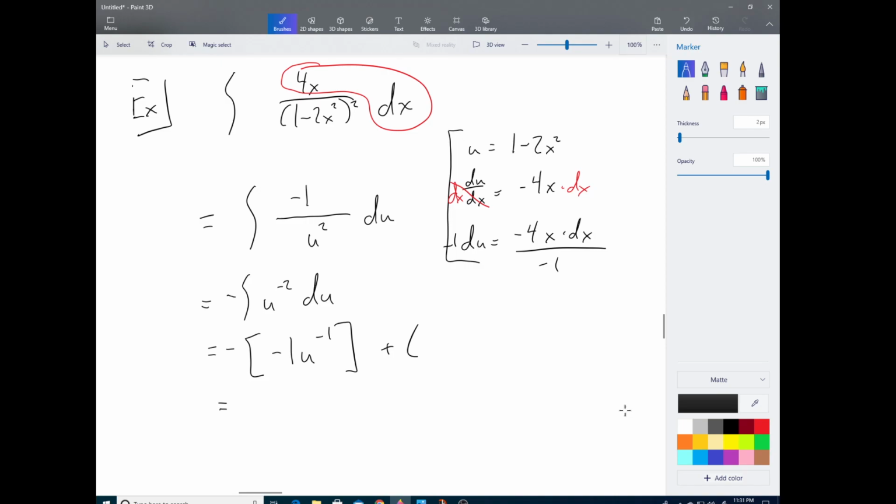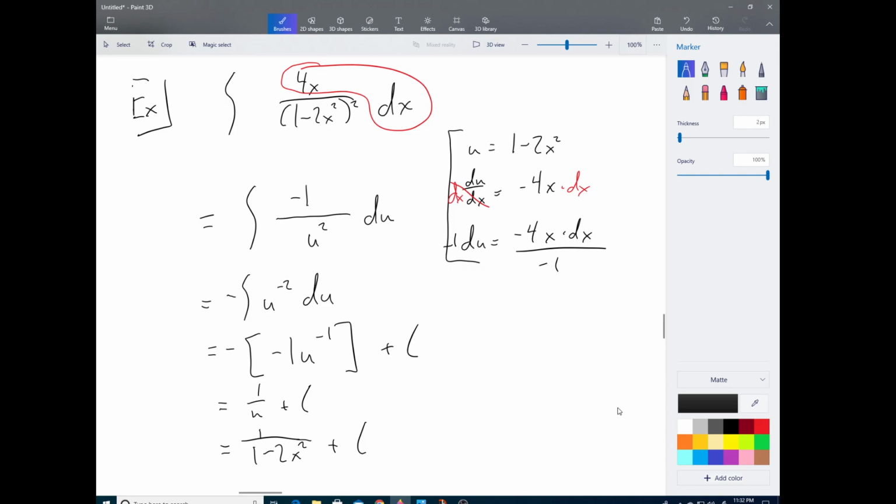And then you just need to simplify. Negative times a negative becomes a positive. U to the negative 1 is the same thing as 1 over u. And we need to, of course, plug back in what our function was equal to. In other words, we need to plug it in so it's got its x's in it.